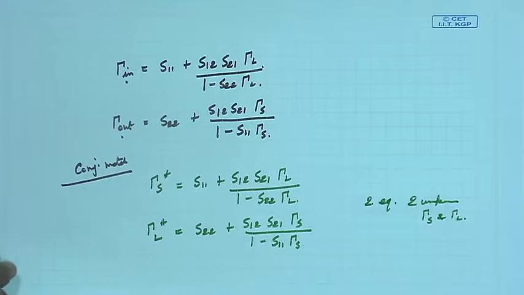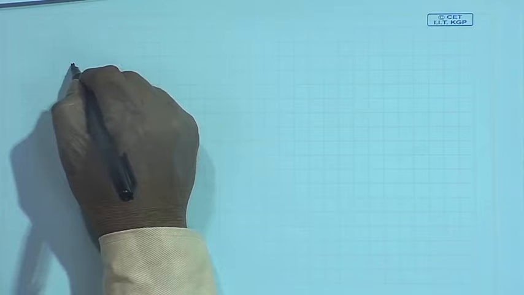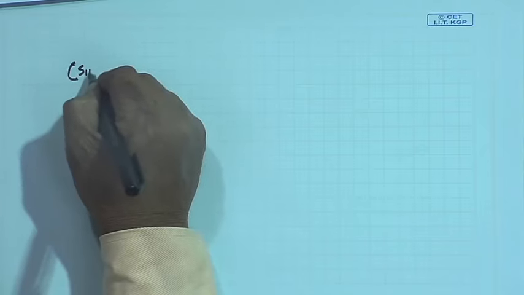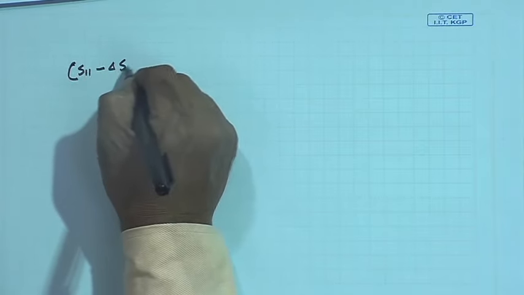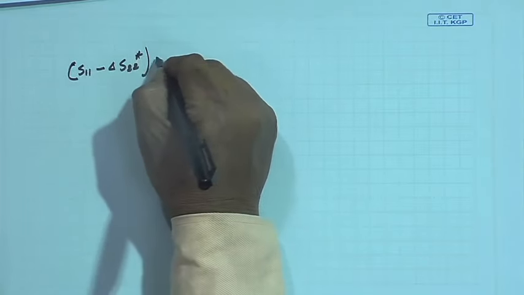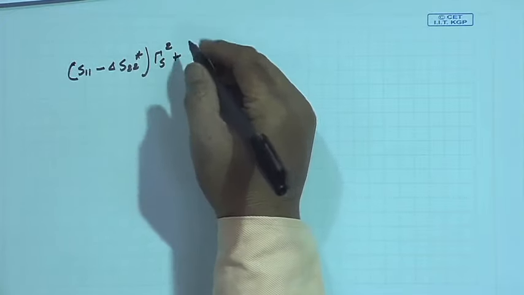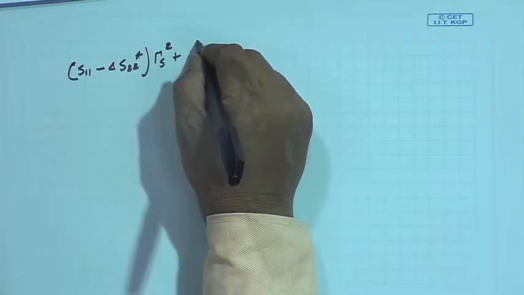Let us solve first for gamma S. From this equation, if I solve for gamma S, it becomes something like this. It is just simple manipulation, but obviously complex number manipulation, so you need to take care of that part, but otherwise it is trivial.